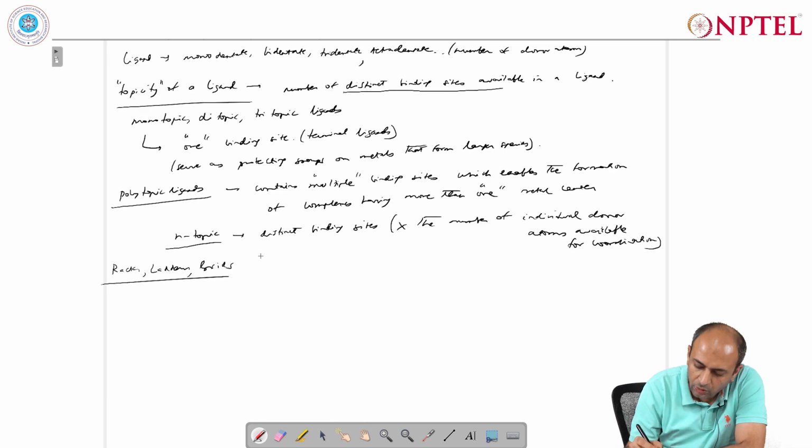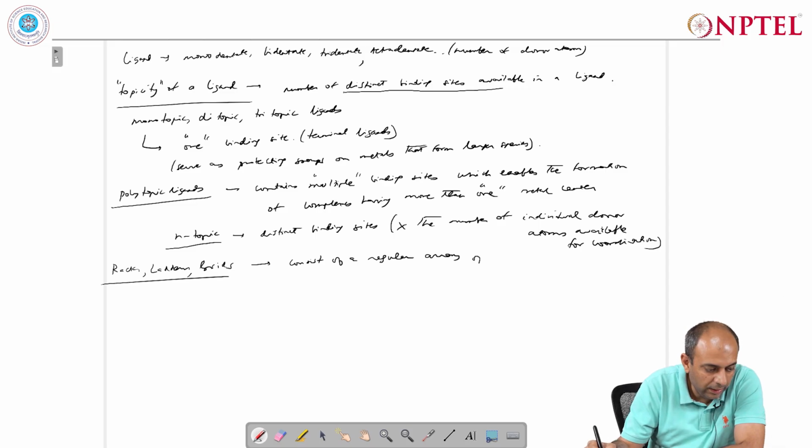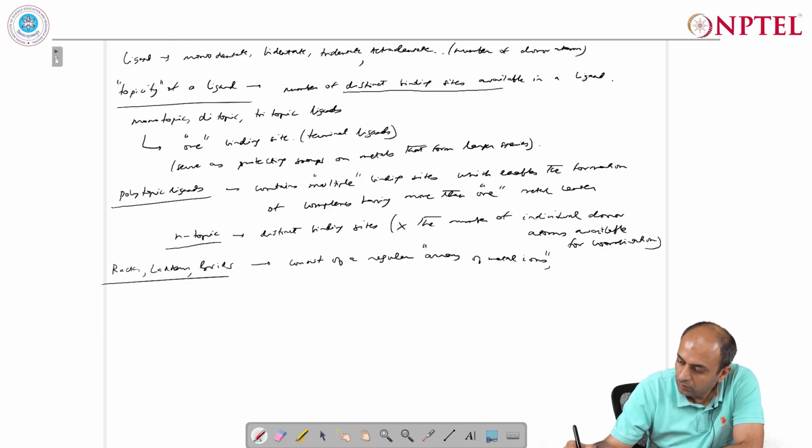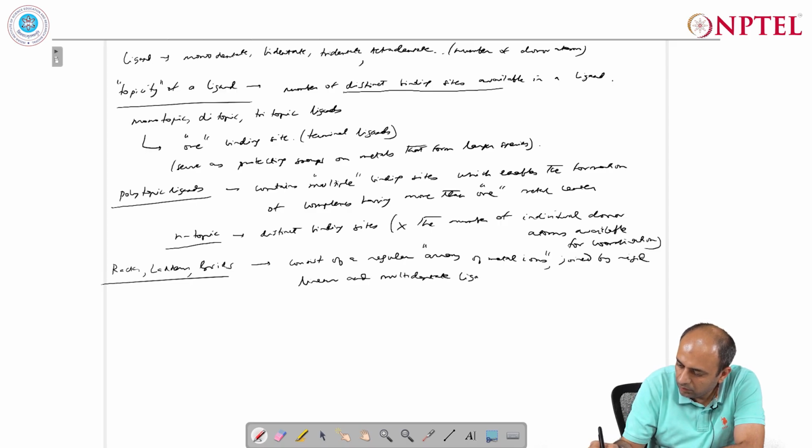These structures are closely related to each other because they consist of a regular array of metal ions which are joined by rigid, linear, and multidentate ligands.